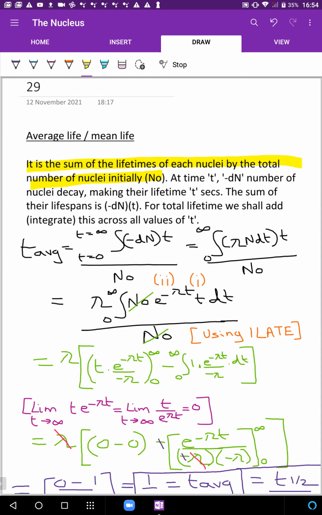यहाँ पे क्या करें? Add up the lifetimes of each nuclei divided by the total number of nuclei initially. Now, अब ये add करते वक्त, there is one smart way of adding.